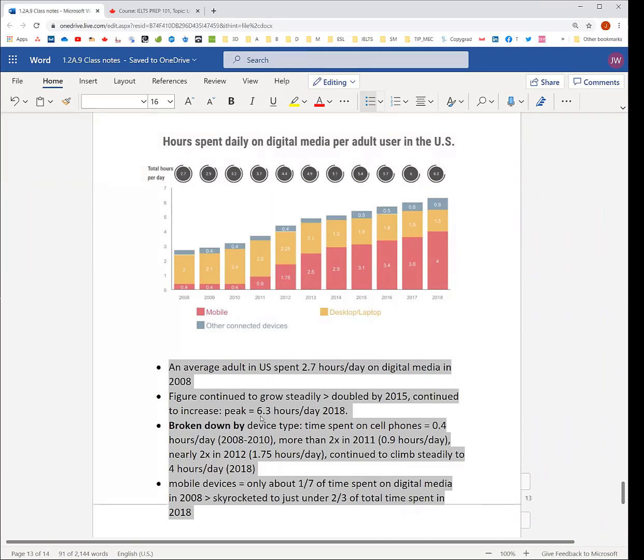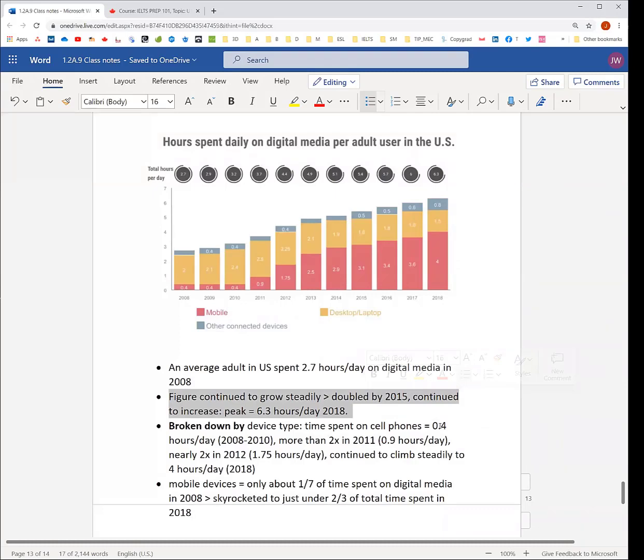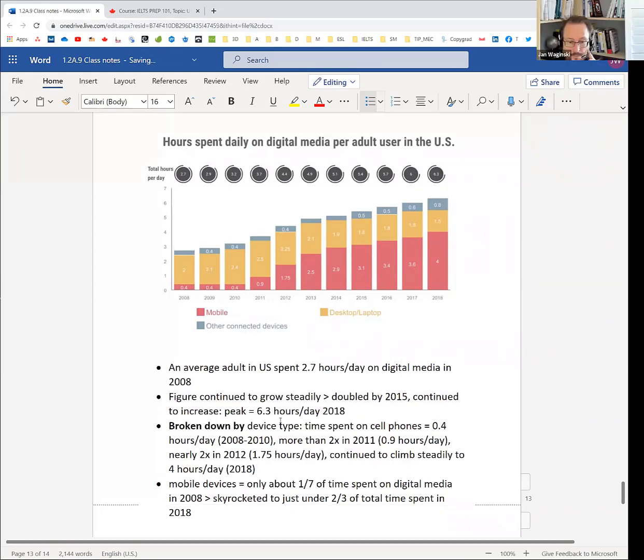And it peaked, it got doubled in 2015, and it continued gradually, and it got its peak in 2018. Okay, hang on. Rate of 6. Okay, so there's a bunch of mistakes there. Let's start again. Remember, the whole thing has to be in past tense. Okay, start again, please. Just this part.